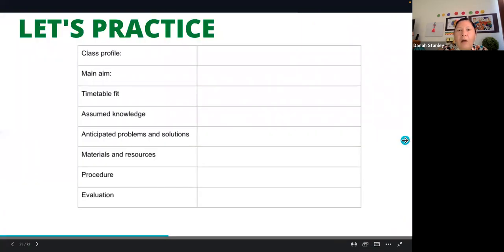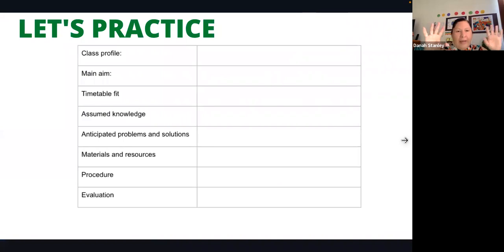So now, how am I going to allocate these elements in my lesson plan? Pues bueno, I have a table. In here, I'm going to write the class profile, the main aim, the timetable fit, the assumed knowledge, anticipated problems and solutions, materials and resources, procedure, and evaluation, okay?